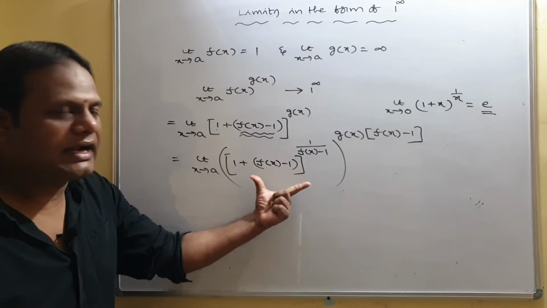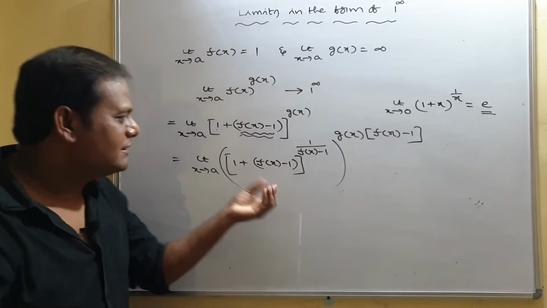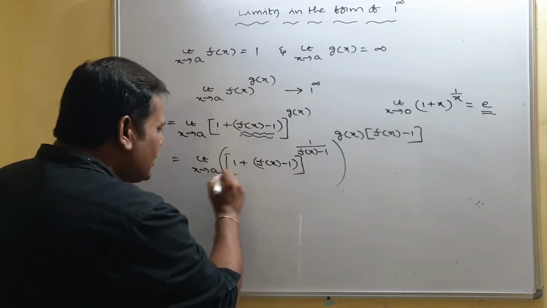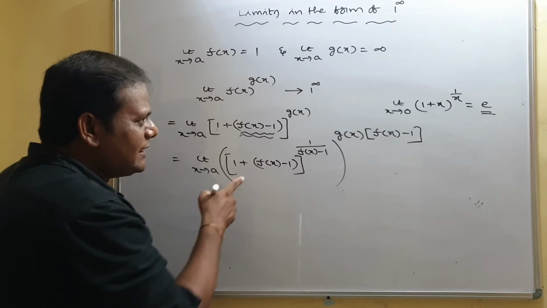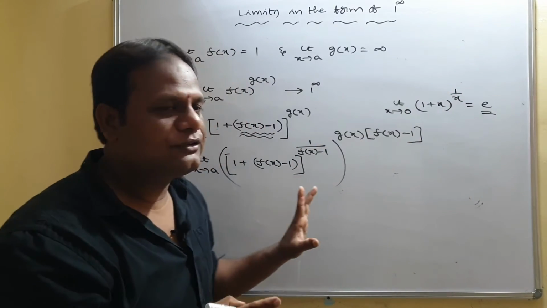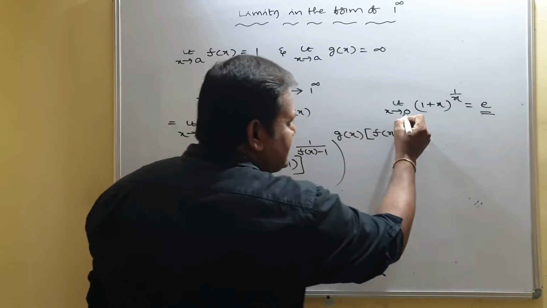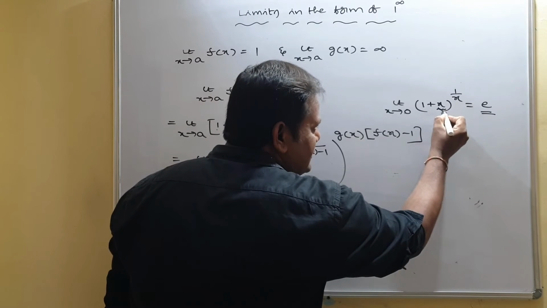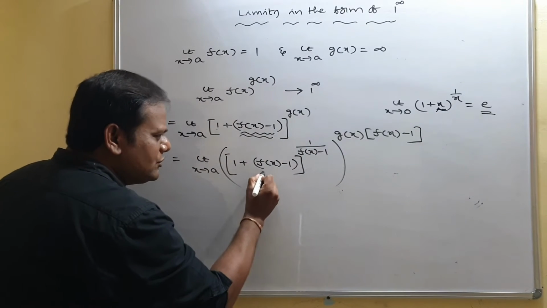I think you understand this adjustment. Now observe this: it is like limit x tends to 0 of 1 plus x whole power 1 by x. Here x tends to 0, so this approaches 0.